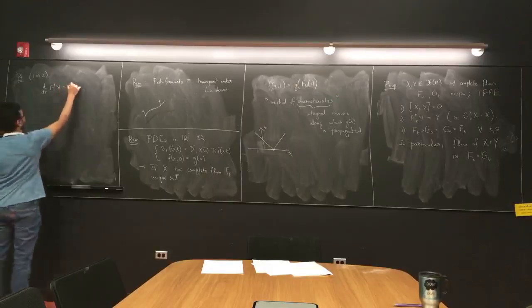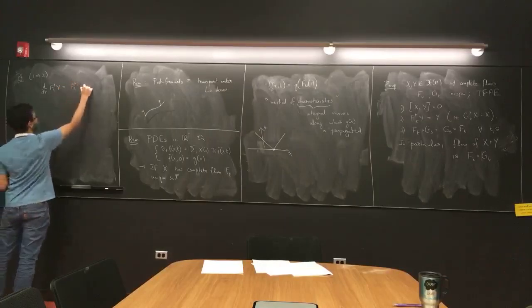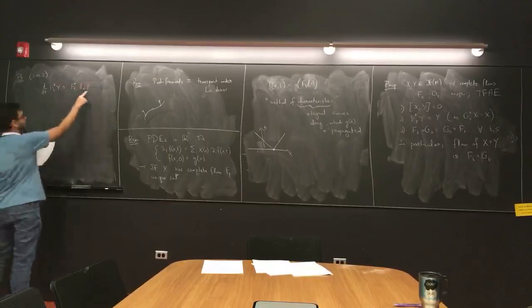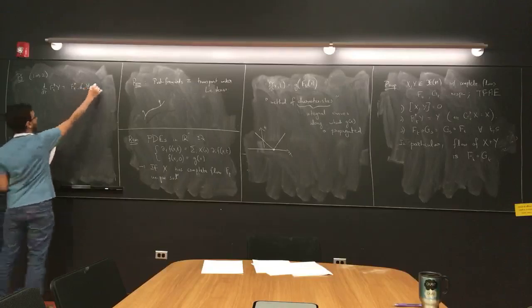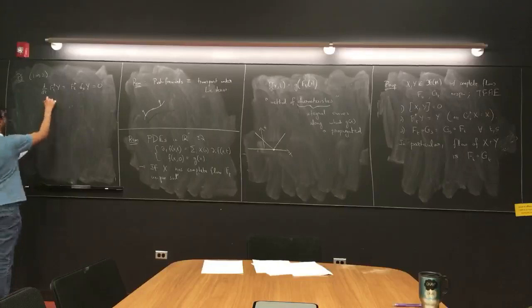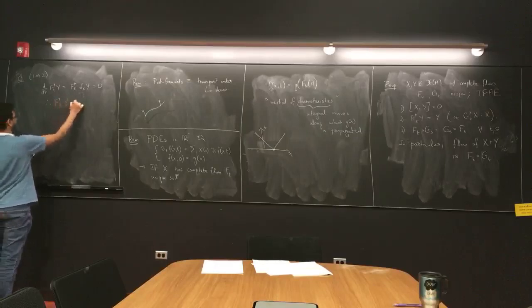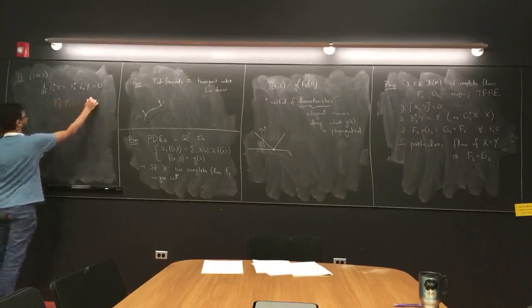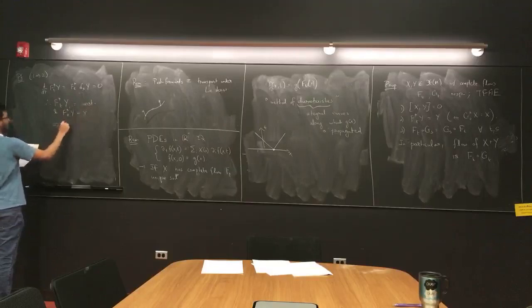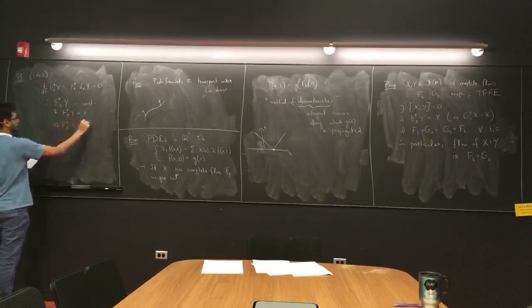So we have d/dt of f_t star Y. By an earlier proposition, this is f_t star, the pullback of the Lie derivative of X acting on Y. Now the Lie derivative of X acting on Y is just the commutator, which is 0, so this is also 0. So f_t star Y is constant because its derivative is 0, and at t equals 0, f_0 star of Y is just Y. Therefore, f_t star Y is Y for all t.